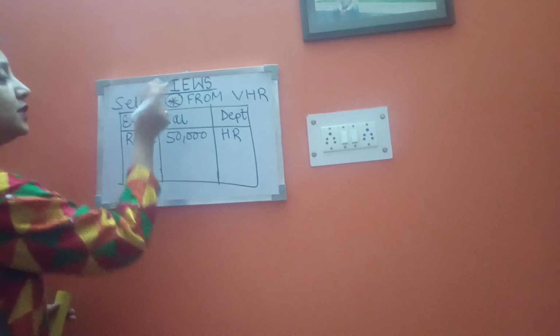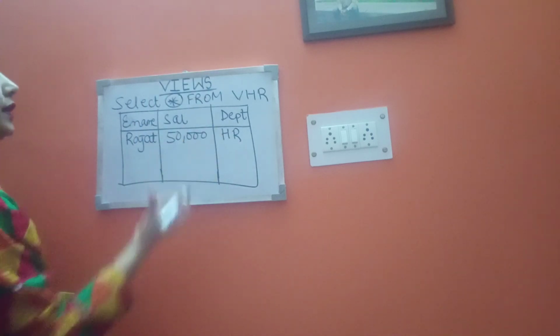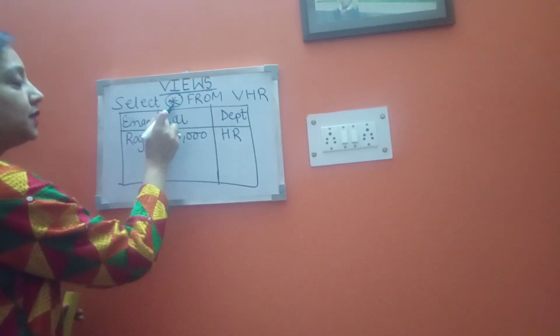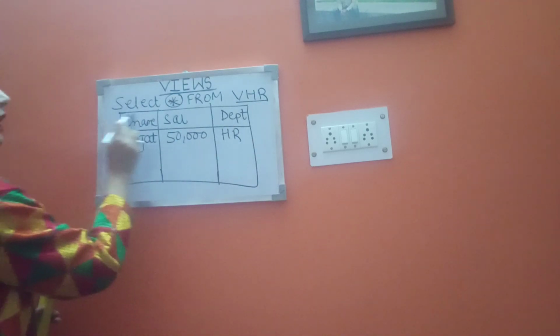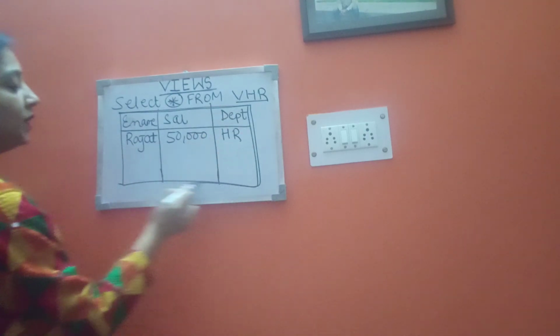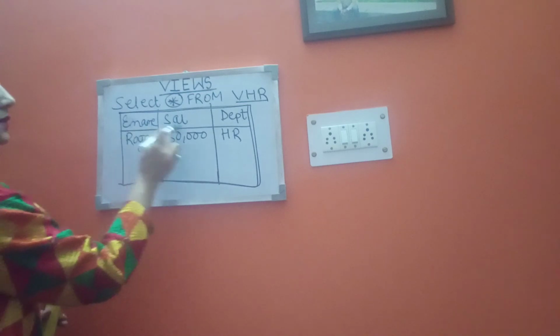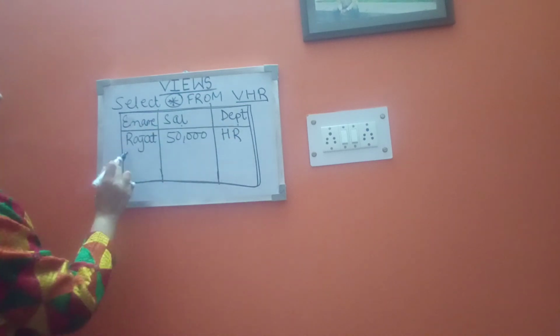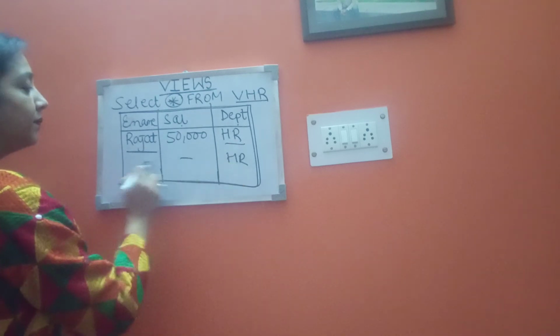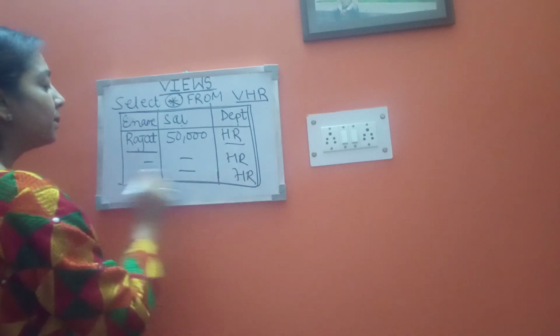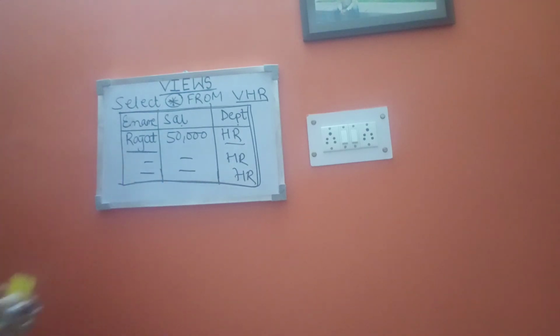Obviously star means all the records or all the column names. The result of this query will give me a table which will contain employee name, salary and department, and the information will be only regarding the HR department. So this is the basic purpose of having views.